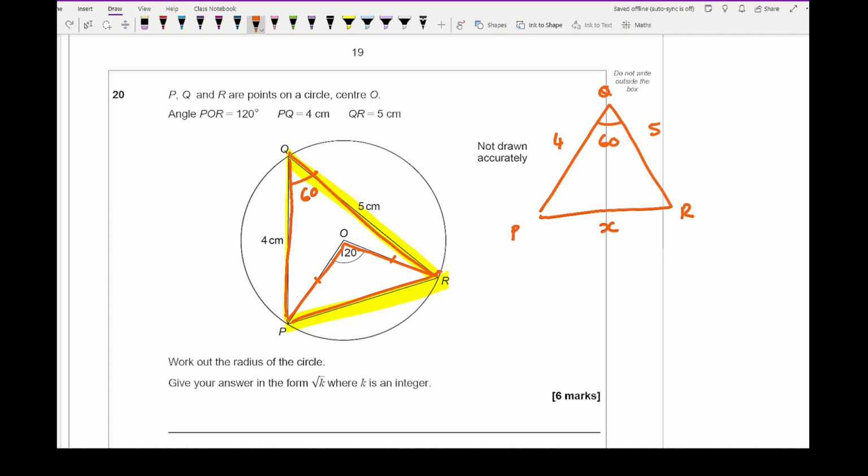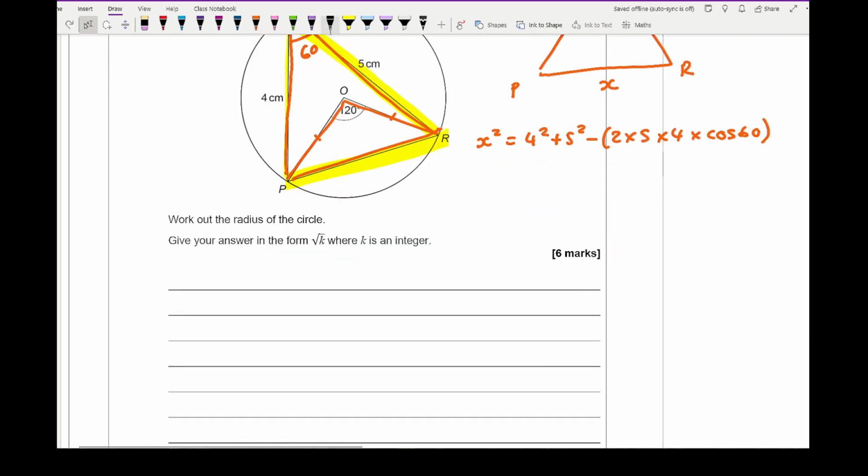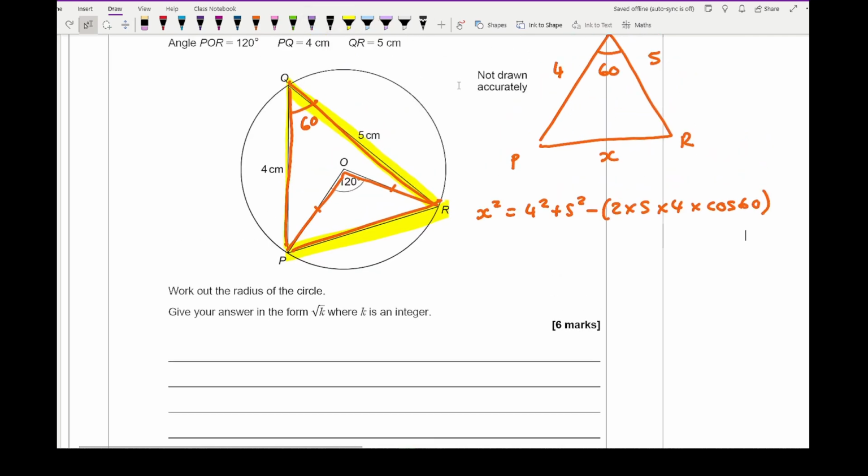Now to do this from this triangle, I need to use the cosine rule, in which what I know is that x squared equals 4 squared plus 5 squared minus 2 times 5 times 4 multiplied by cos 60. Now if I simplify all of that, remembering this is a non-calculator paper, we get x squared equals 16 plus 25 minus 2 times 5 is 10 times 4 is 40, and cos 60 is a half.